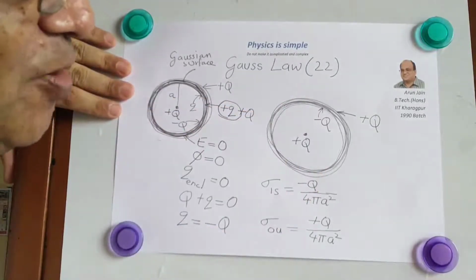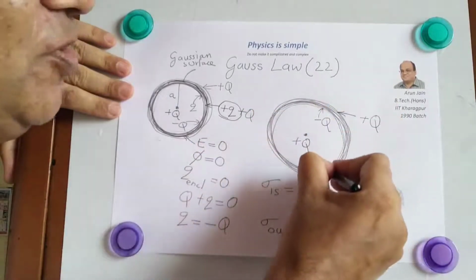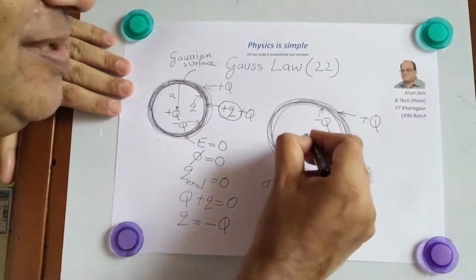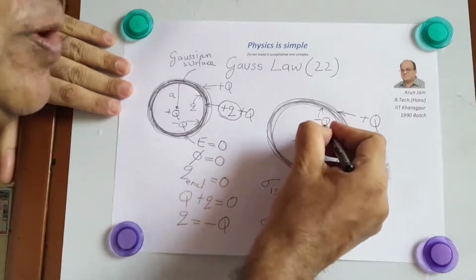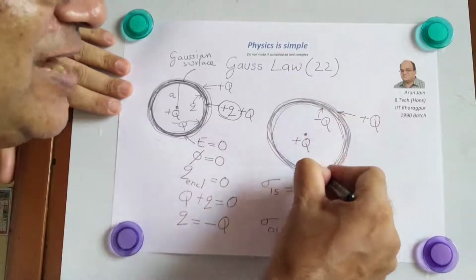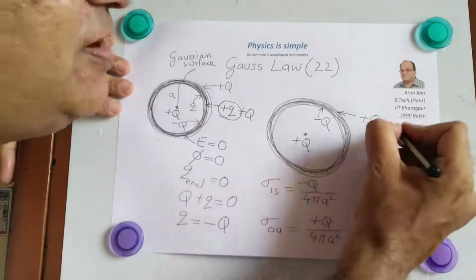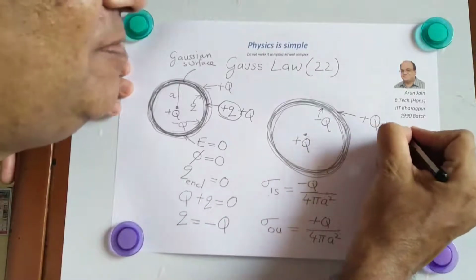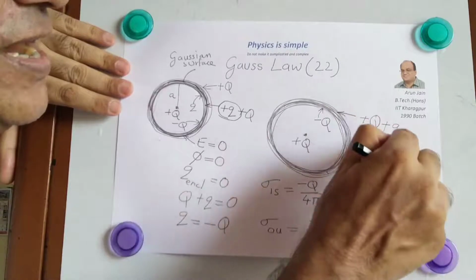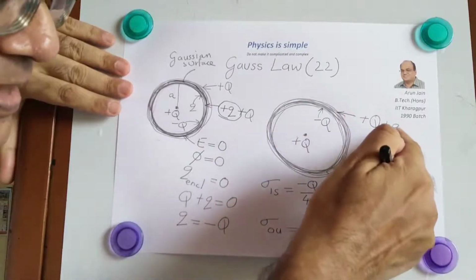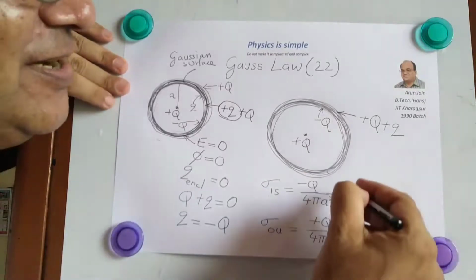Since this was originally having a charge plus small q, the inner surface does not change, because this plus Q will pull minus Q inside, so that the charge inside this Gaussian surface is 0. All the excess charge will go to the outer surface, so plus small q will also go to the outer surface. Net charge on this hollow metallic sphere is now plus small q, and this is how the charge gets distributed.